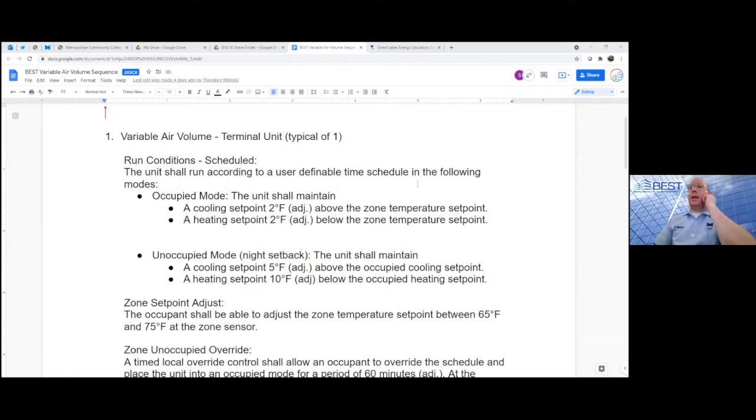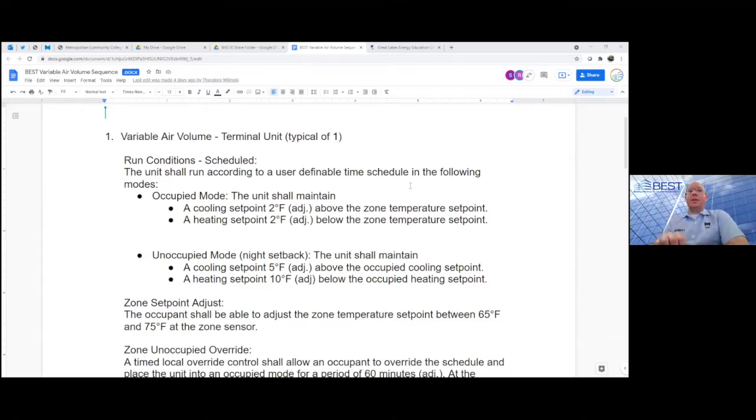So our VAV boxes typically operate under an occupancy schedule. So your standard occupied, unoccupied mode. This box, we have not included a third mode, frequently referred to as occupied standby, which is commonly used in buildings like our schools, where we have some sort of occupancy sensor that says, while yes, we are in an occupied time period between 8 and 5 p.m., there's nobody in this room right now, so we can let it drift a little bit more.